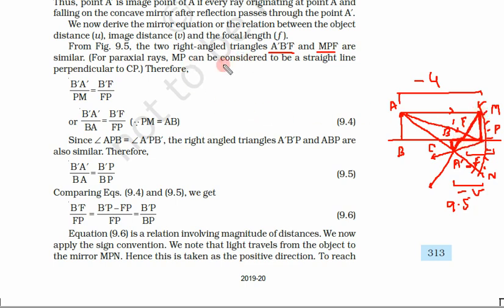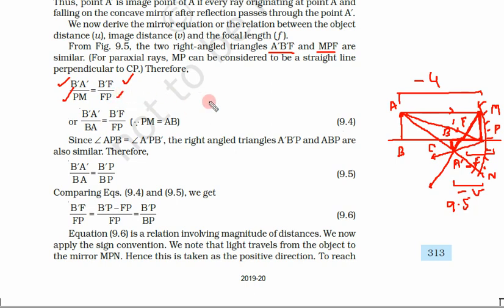So in these triangles, what do we have? First of all, the angles would be similar. This angle would be equal to this angle. So according to this angle property, B dash A dash divided by PM must be equal to B dash F divided by FP.